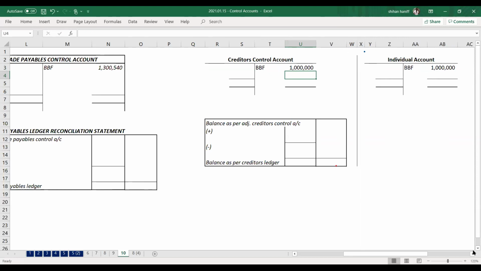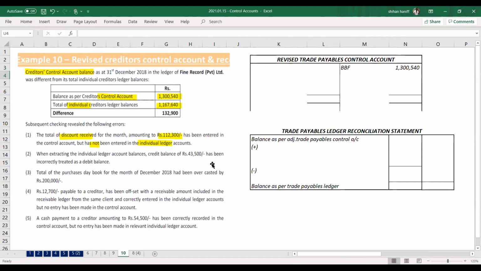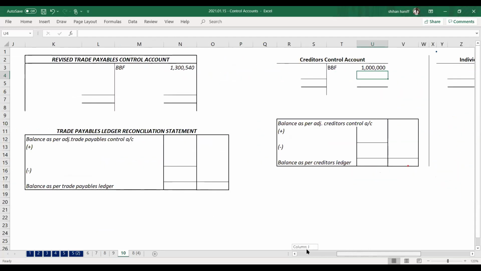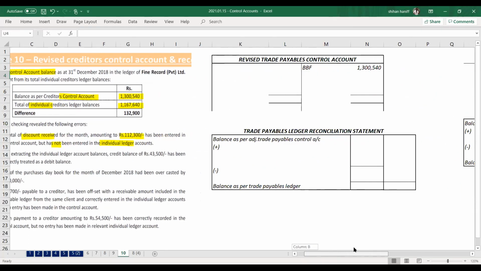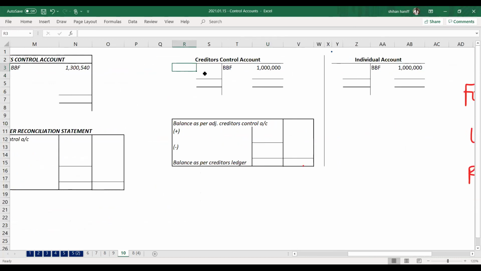Individual account also 1 million. Discount received 112,300 has been entered in the control account. So 112,300 discount received was debited, but in the individual account it was not debited.